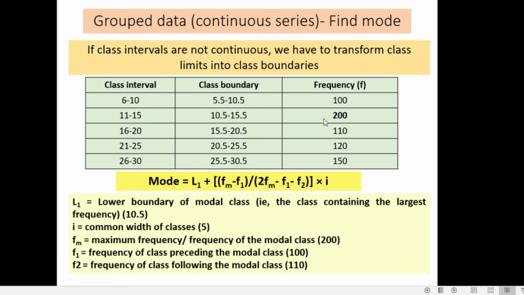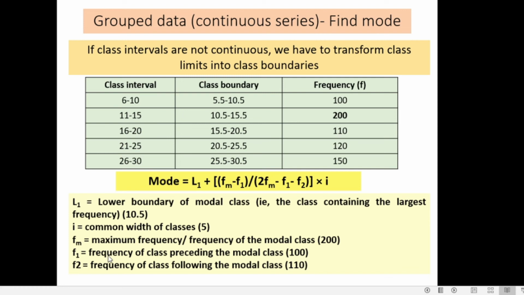That means for the modal class 10.5 to 15.5, this frequency is the highest, and the maximum frequency obtained in the study is Fm.